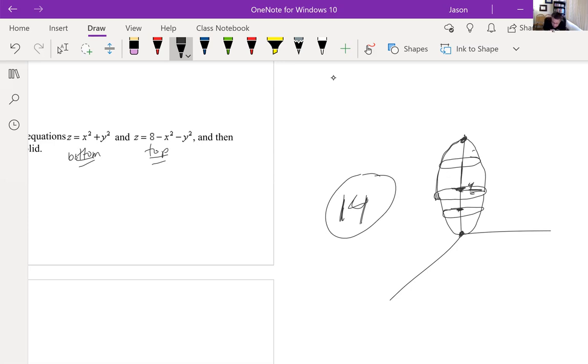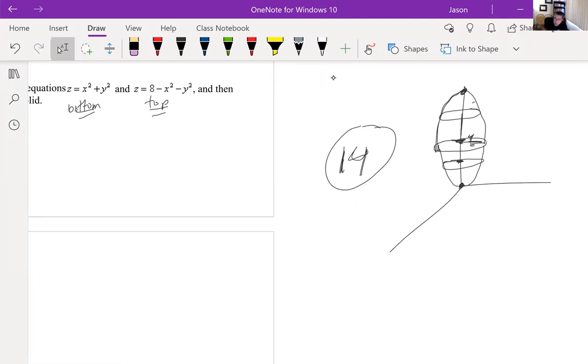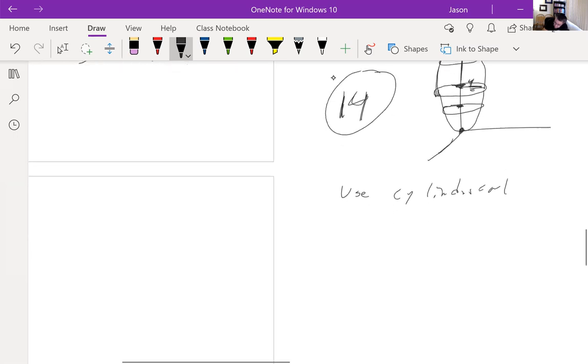Well, not polar coordinates. I'm going to use spherical coordinates. Not spherical, I keep screwing up. Cylindrical. I want cylindrical coordinates, because that's polar coordinates but with a z-axis.